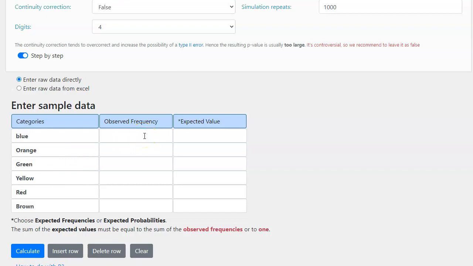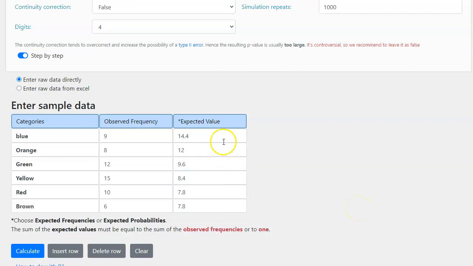Again, we type what we observed here: 9 blue, 8 orange, 12 green, 15 yellow, 10 red, 6 brown. And then our expected values: 14.4, 12, 9.6, 8.4, 7.8, and 7.8 again.